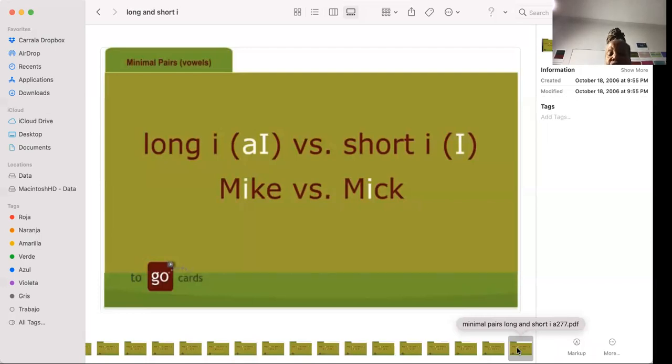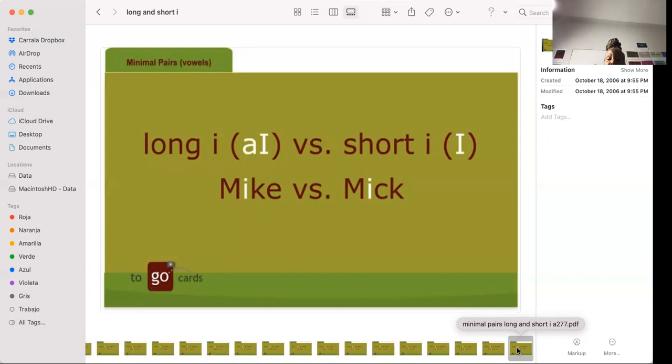So instead of looking at the short I in isolation, like I've looked at a lot of the vowels in isolation, I thought I would change it up a little bit and look at it in relation to its long counterpart, where in regular spelling, the I, whether short or long, is I. But if you look at the phonetic spelling, you will see that the long I is different from the short I. I think I'm going to do that for some other letters too.